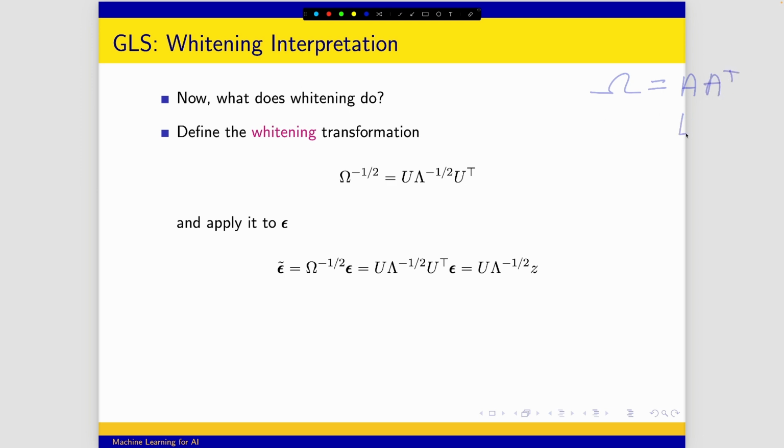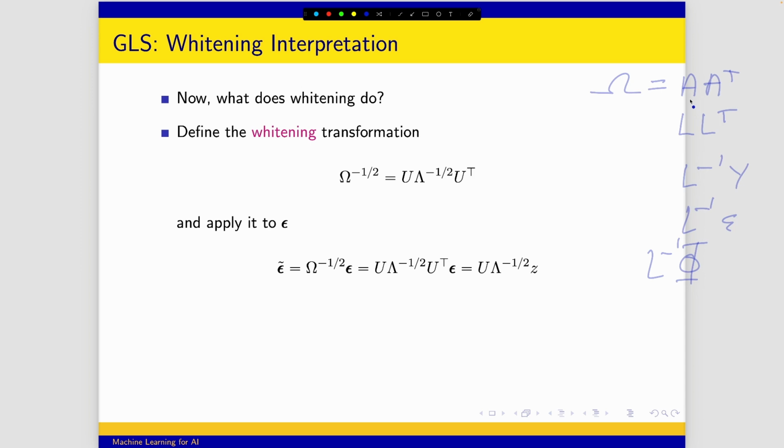Before, we used a Cholesky decomposition, where this is a lower triangular matrix. And then our whitening transformation was we transform y like this, and we transform epsilon like this, and we transform the design matrix using the same linear transformation. Now we can use any square root. We don't have to use this Cholesky decomposition.